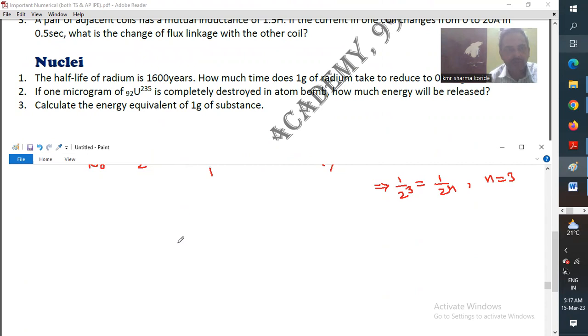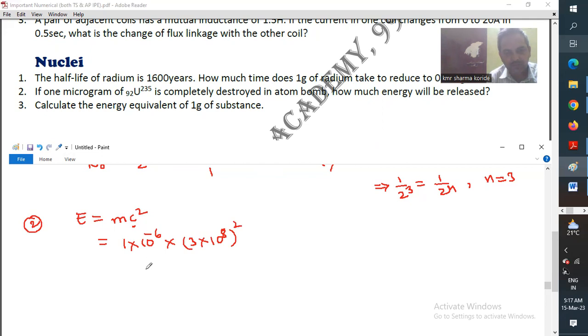Next. If 1 microgram of uranium-92-235 is completely destroyed in an atom bomb, how much energy will be released? So get back the Einstein equation, E is equal to mc square. M is 1 microgram. Micro means 10 to the power of minus 6. Then C is the speed of light, that is 3 into 10 to the power of 8 whole square.